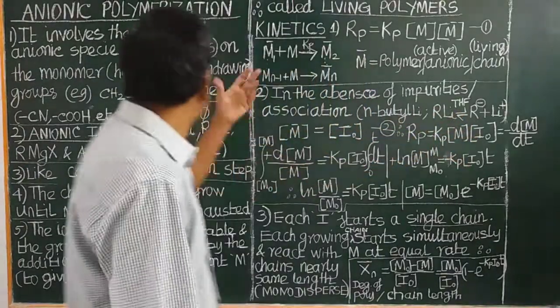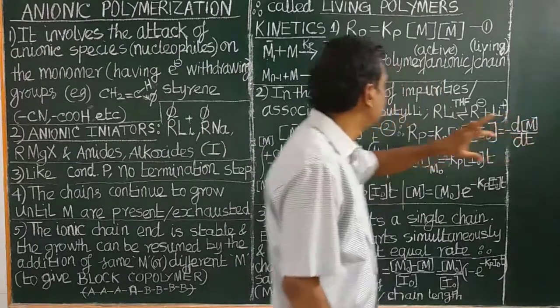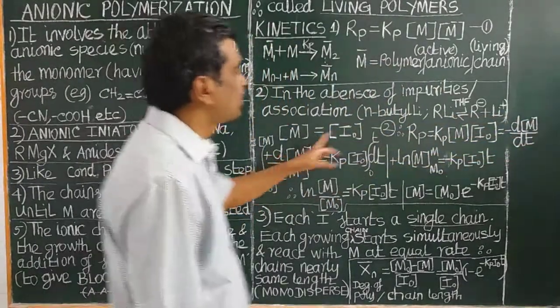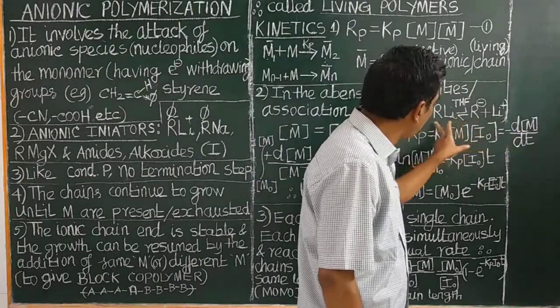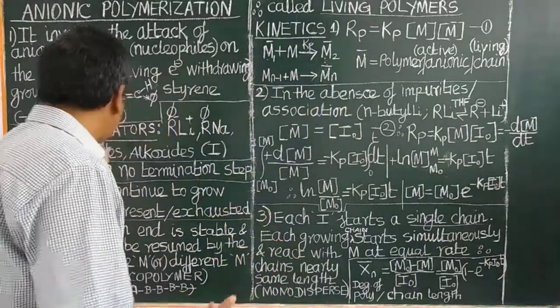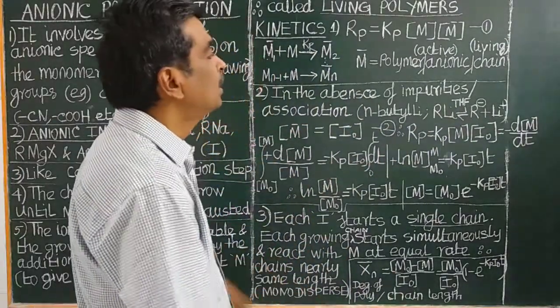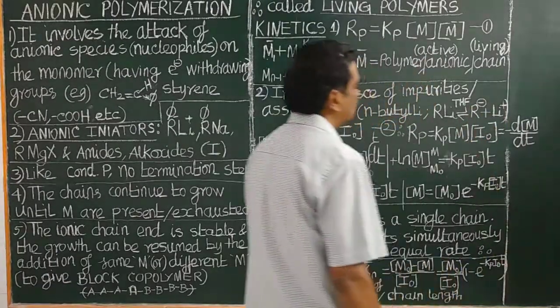For example, anionic initiators are polar compounds, R plus R minus. Therefore, they are completely dissociated in the presence of polar solvents.